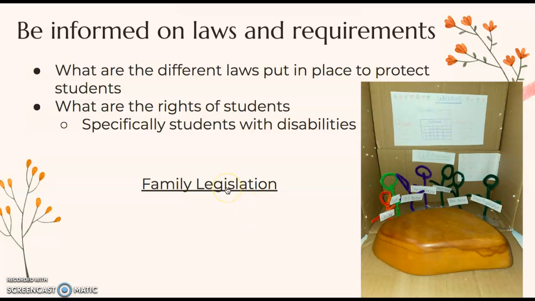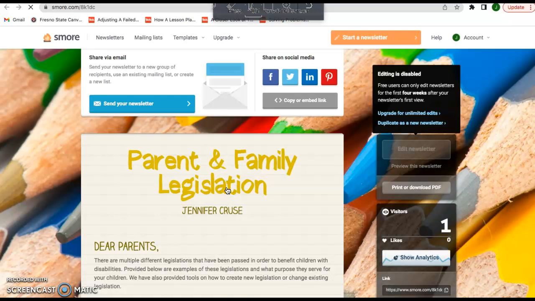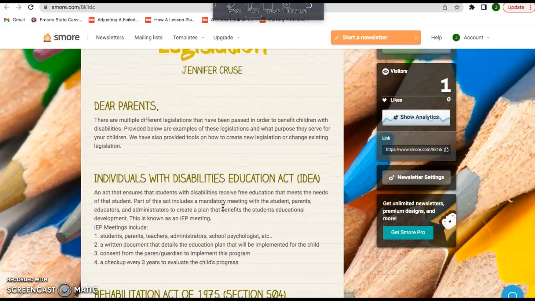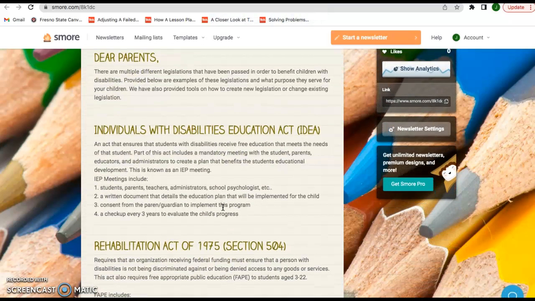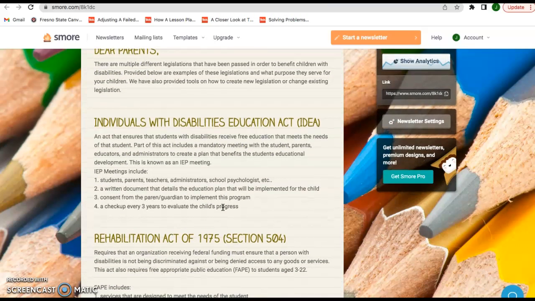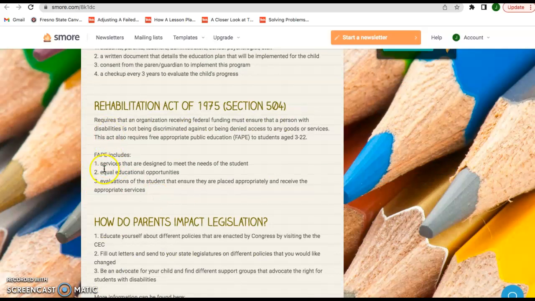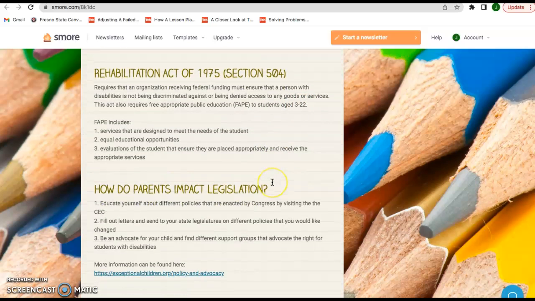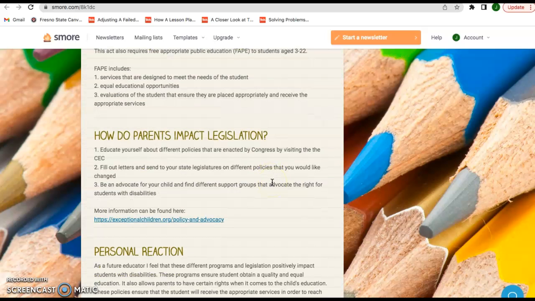And also we filled out a family legislation act so that we were able to inform our parents about different rights that they may have. I highlighted the IEP meetings and what they include, different acts and the services that are required from these acts, and when students are eligible for these services, which is 3 to 22, and how you can change different policies to better fit your students.